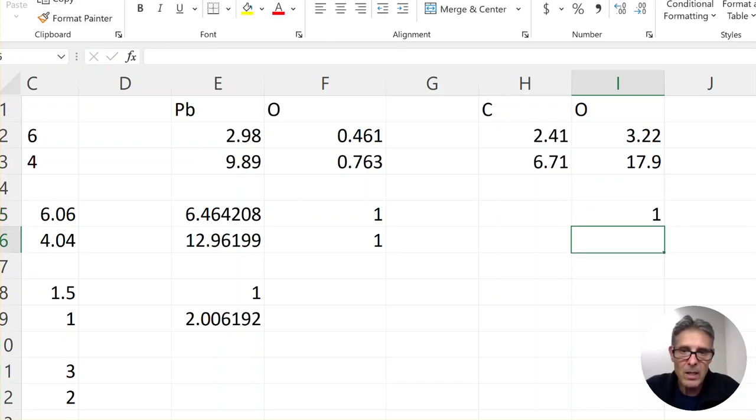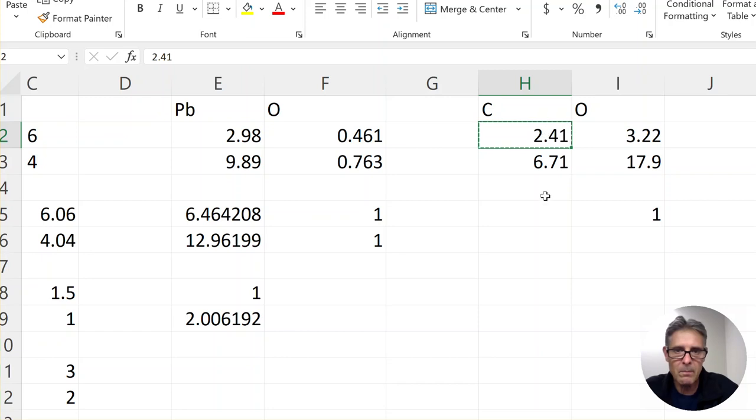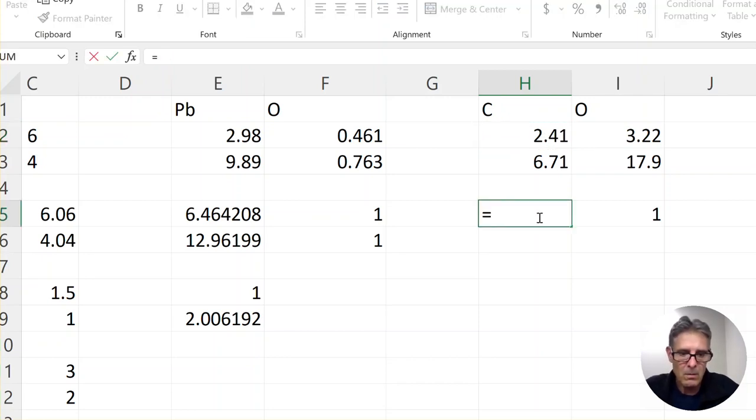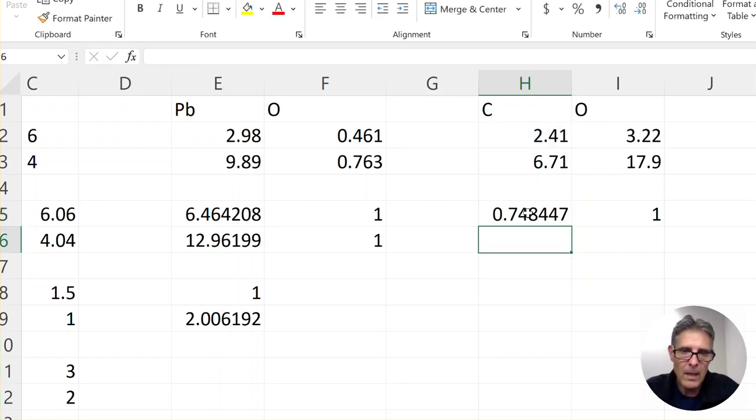And because I divided that by 3.22, I'm going to have to do the same thing here. I'll take that 2.41 and copy. Yeah, 2.41, divide that by 3.22, and that gives me that answer.